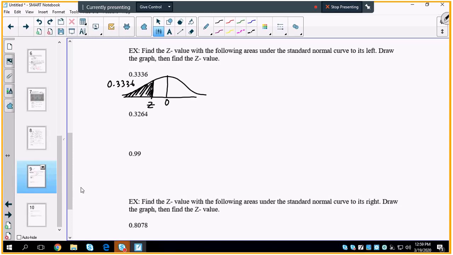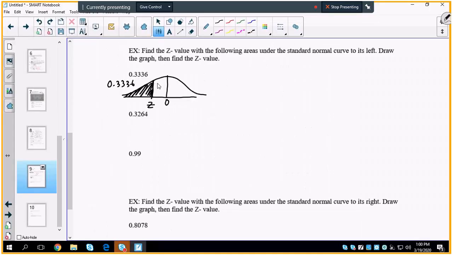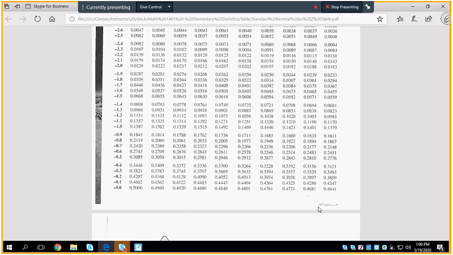So I still go to the table. I look for 0.3336. If you look at the picture, your z-score should be on the left-hand side, so you are looking for the negative side of the table. Look for the number in this cloud of numbers, 0.3336. Let's try to find it.